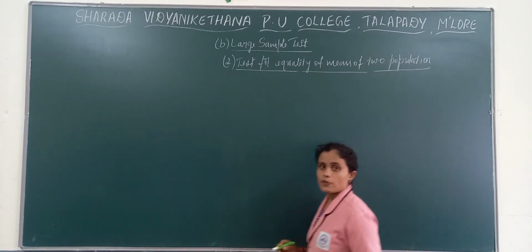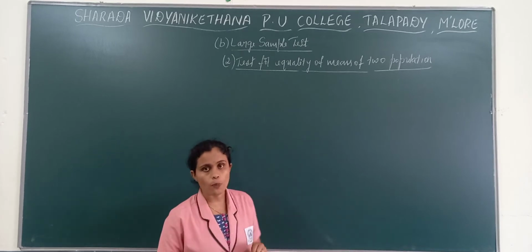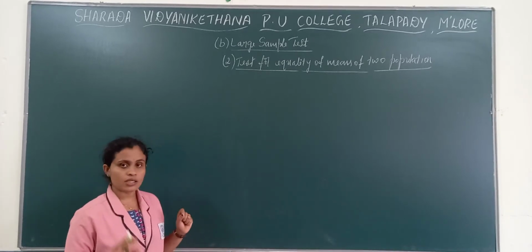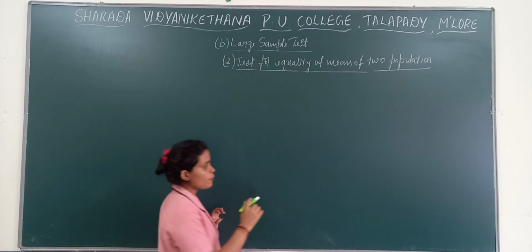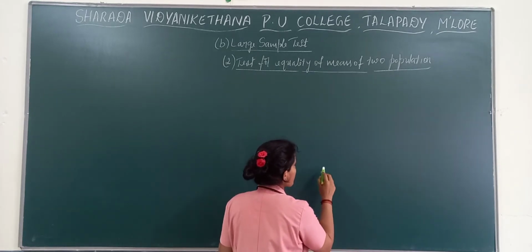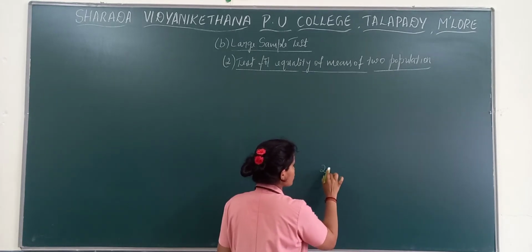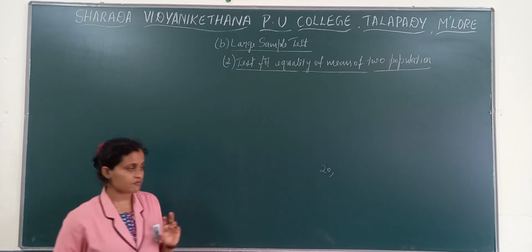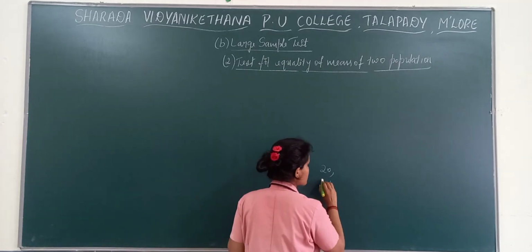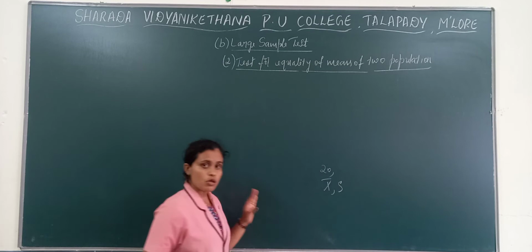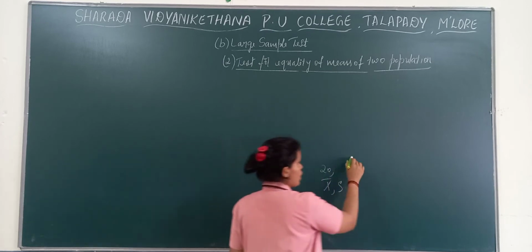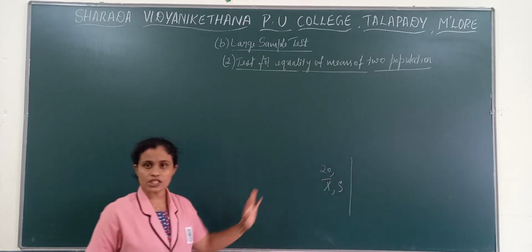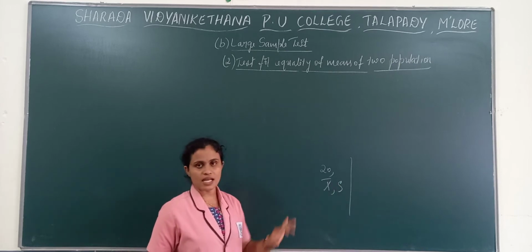What is this two population? In case of test for population mean, there you were seeing only one particular population. For example, the 20 samples they have taken, and the mean and standard deviation of those 20 samples. So we were discussing only one particular population mean, sample mean and standard deviation.